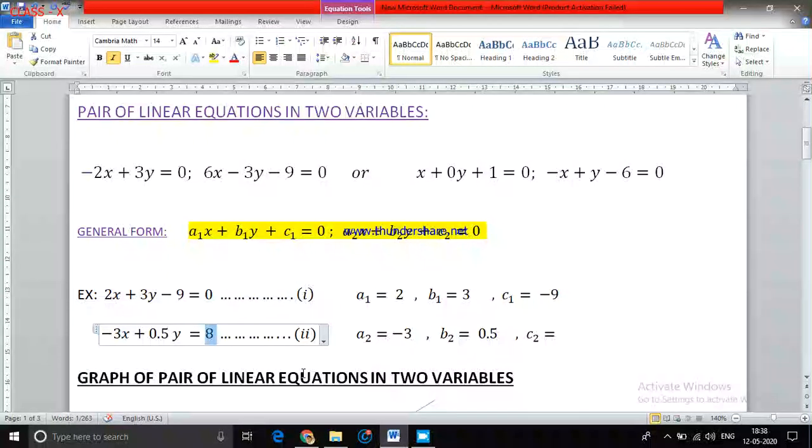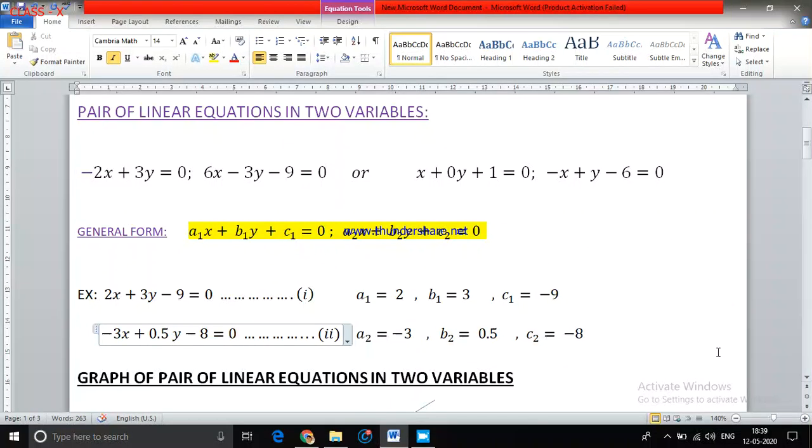Before you compare, you have to bring 8 to the left-hand side. So plus 8 becomes minus 8 if you bring it to this side. So c2 equals minus 8. Or, if you want, 8 will come here and this will become minus 8, which equals 0, because once 8 comes to the LHS, there is nothing left on the right, so it will be 0. So the c2 value will be minus 8.